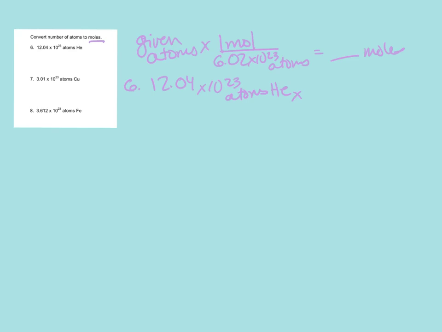So we're going to take that, 1 mole over 6.02 times 10 to the 23rd atoms. So atoms cancel, and we are left with 2 moles of helium. Okay, so when you're dealing with grams, you want to make sure you're using the molar mass. When you're dealing with atoms and particles, you want to make sure you're using Avogadro's number.